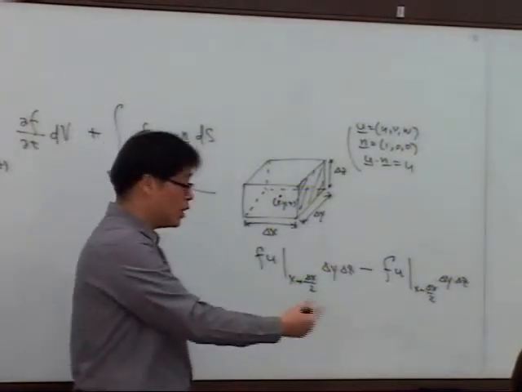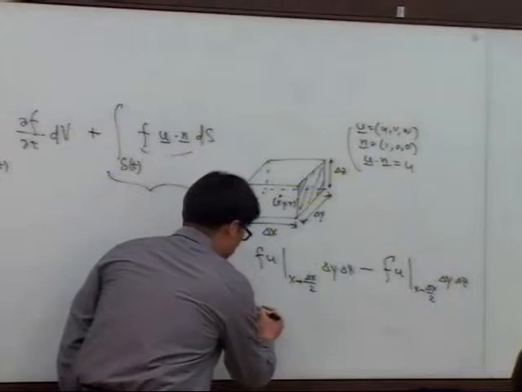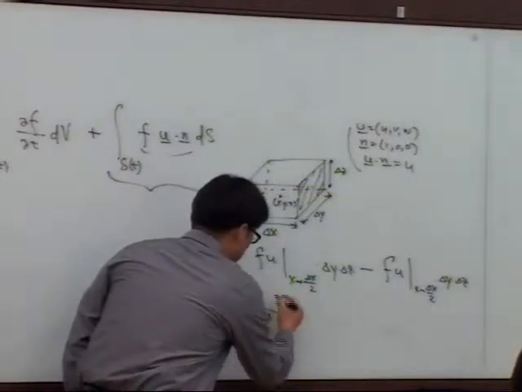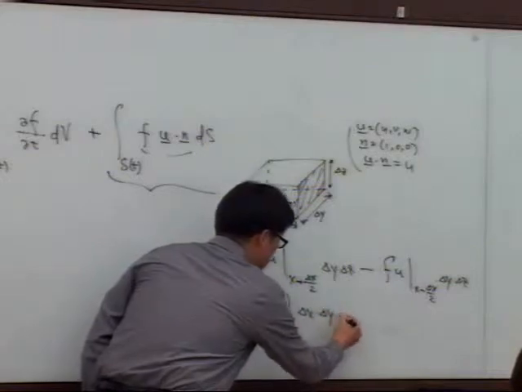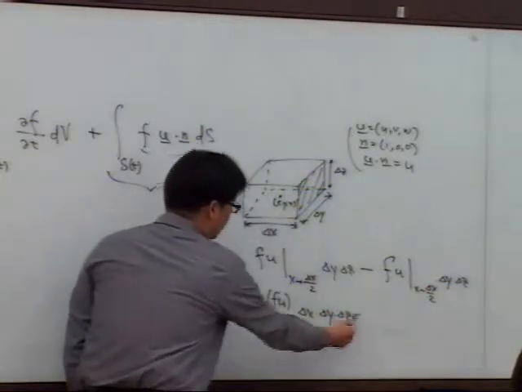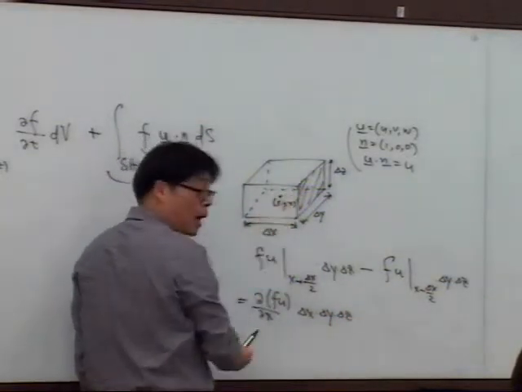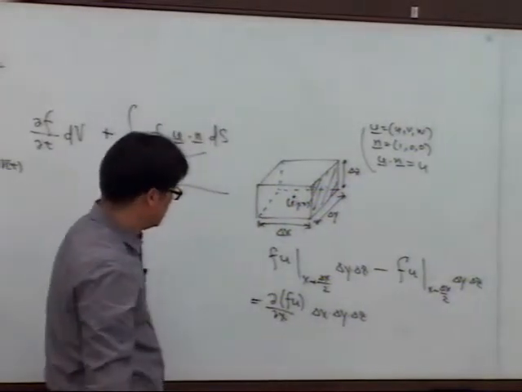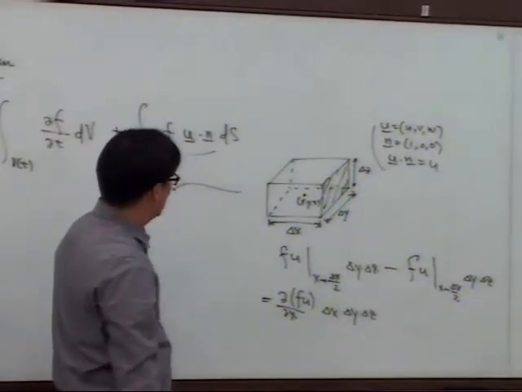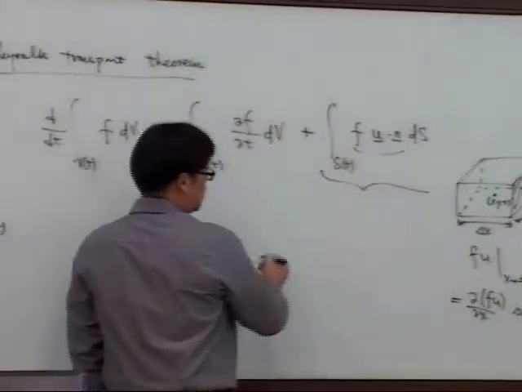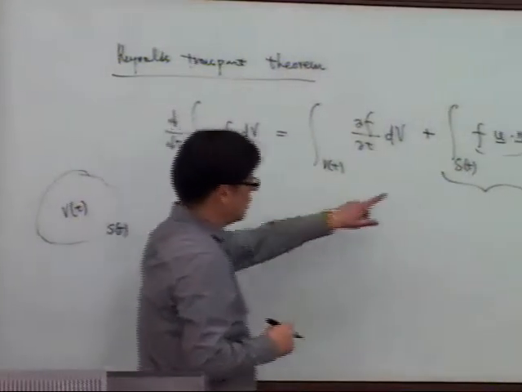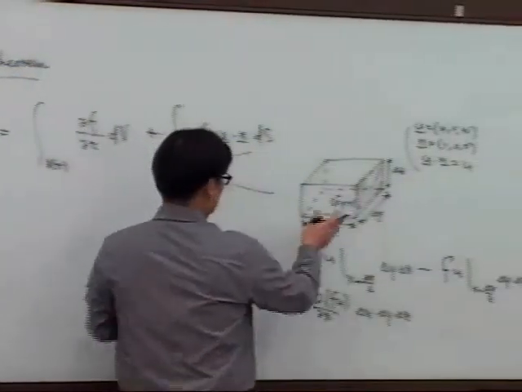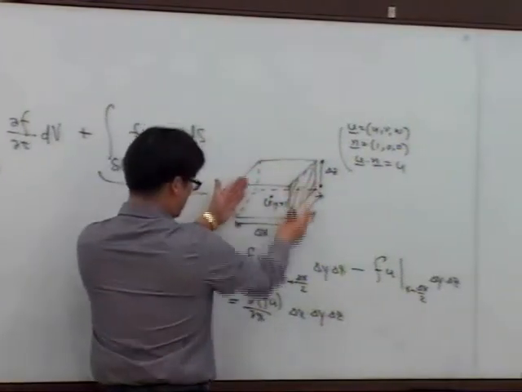So we did a Taylor expansion and so on. We end up with d/dx of f times u, times delta x delta y delta z. So this is the volume of this rectangular box. So at the end, when you look at these two faces, you get this.